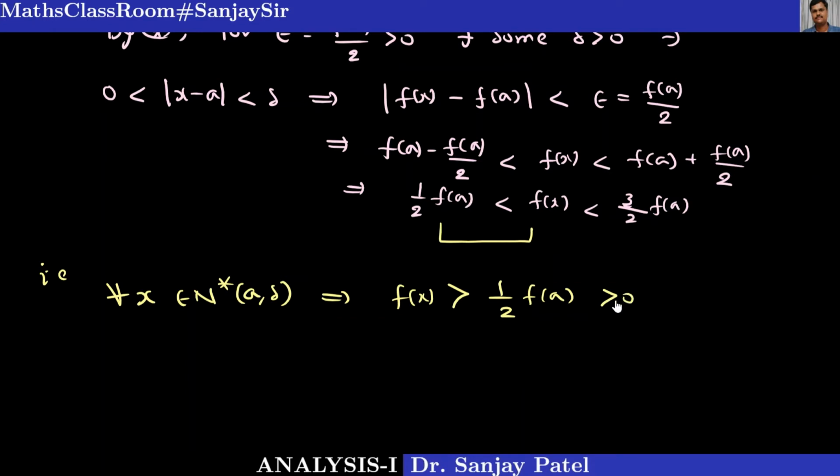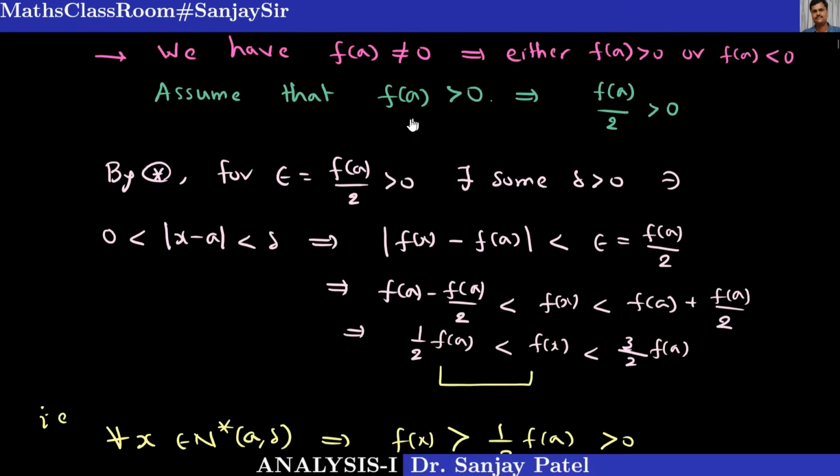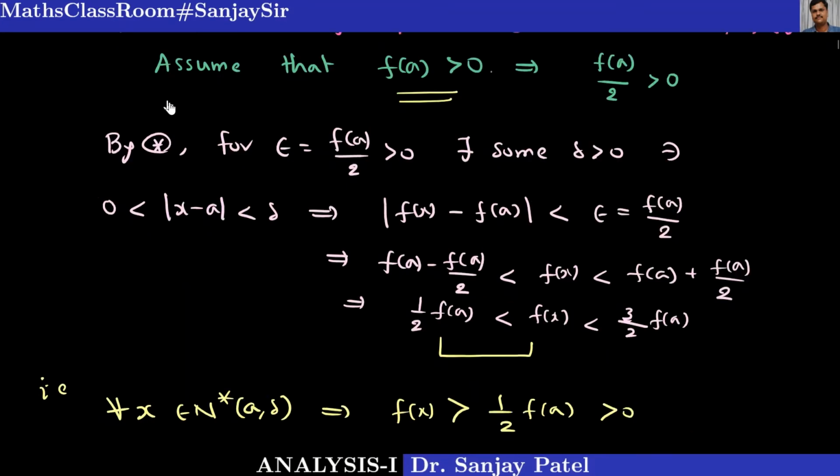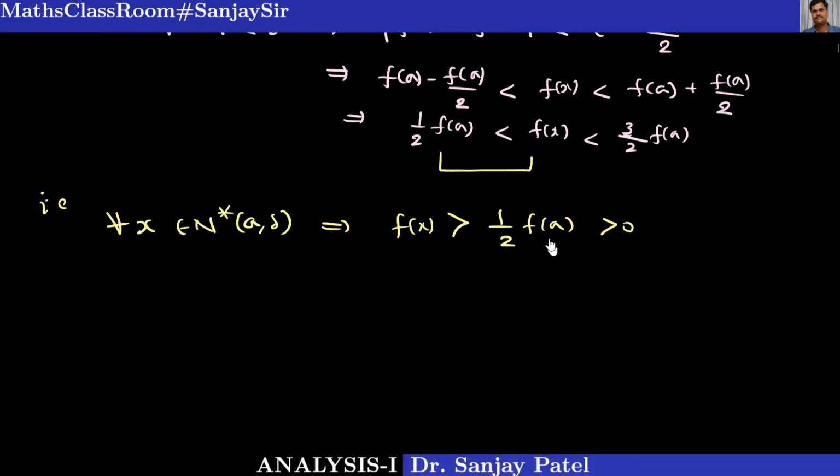We have assumed that f of a is positive in the beginning of this proof. Look here, f of a is positive. So therefore this value is positive. So I can write that this implies f of x is positive because of this. So for every x belongs to N star of a delta, f of x is positive is proved.